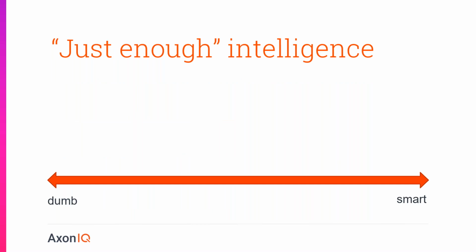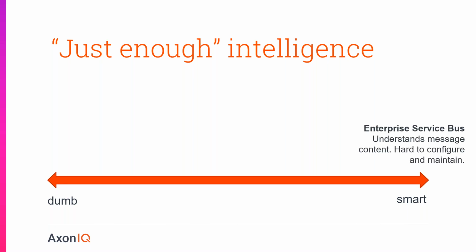And the way Axon Hub is able to do that is, if you look at how smart systems are, and this is not a quality predicate, right? Systems can be dumb but really valuable, and they can be smart but not, or vice versa. But this is about how much they know about the contents of the messages that they are transporting. And if you look at the right end of the spectrum, you'll see the ESB, the Enterprise Service Bus there.